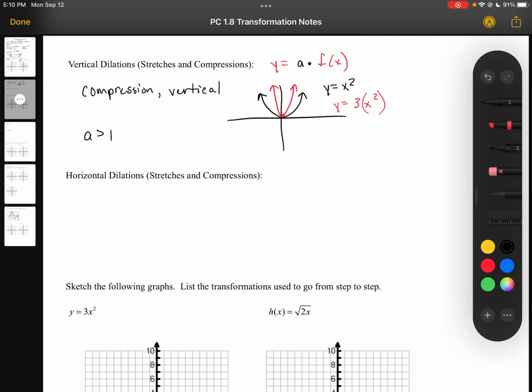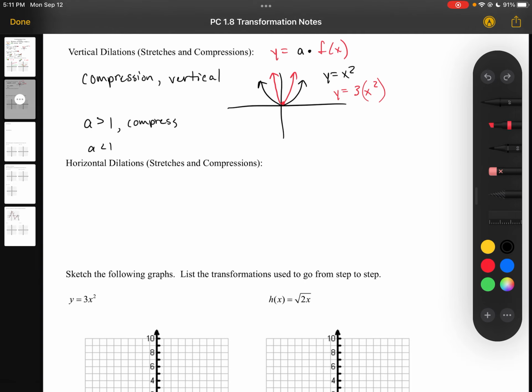If a is greater than 1, it's going to compress. If a is less than 1, basically what's going to happen here is we're going to see something where a is a fraction, so the absolute value of a is less than 1 is the best way to put that.